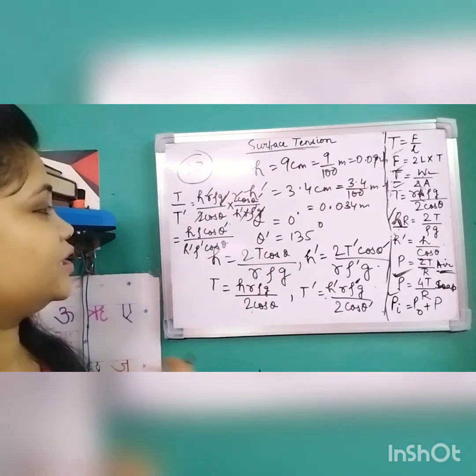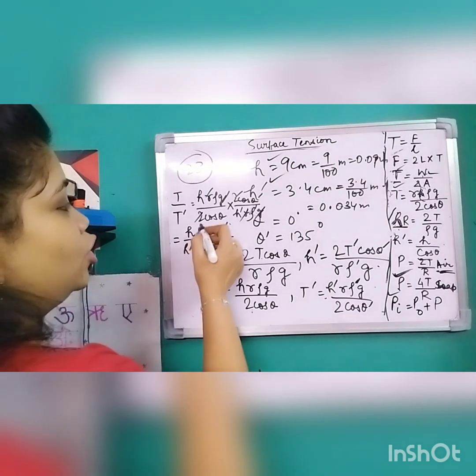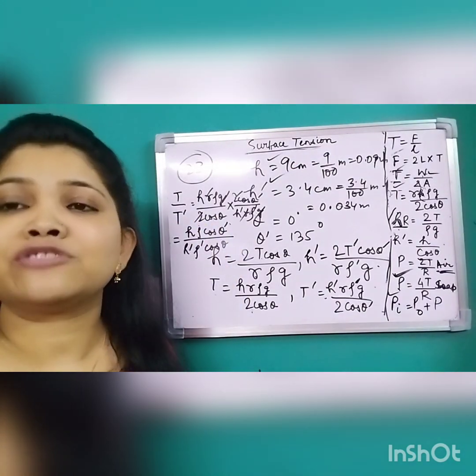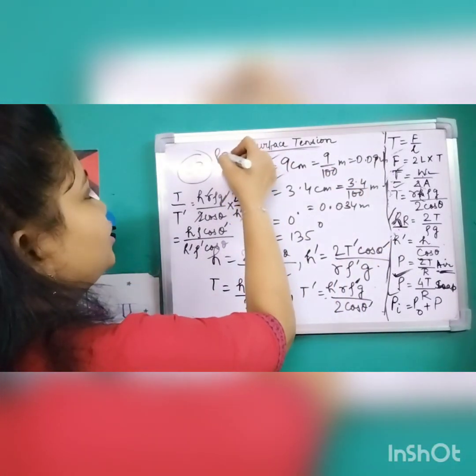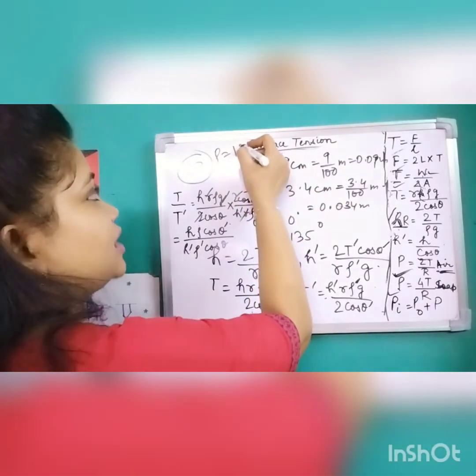So you see here, you know the value of H, you know the value of H dash. Now, rho is the density of water and rho dash is the density of mercury. Density of water, rho, is equal to 1 in CGS, or if you convert it into kg, it will be 1000.